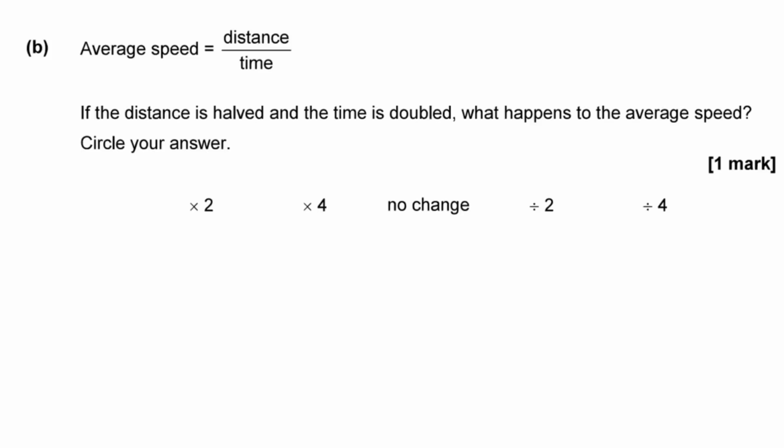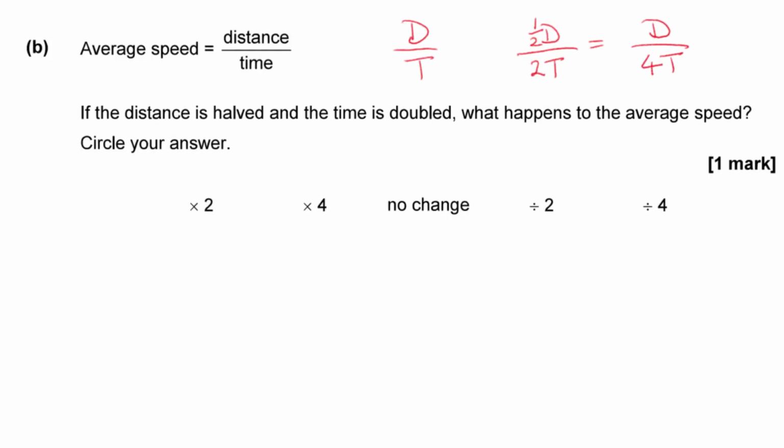If we start off with a distance d and a time of t, then we halve the distance, so now I've got a half of d, and I double the time, so half d over 2t. Basically I've got d over 2 divided by 2t. That's going to be equal to d over 4t.